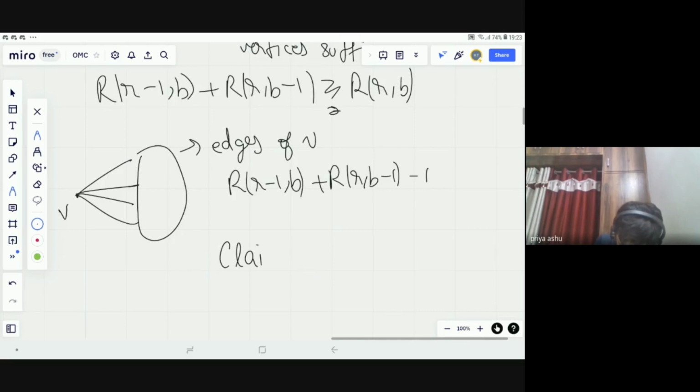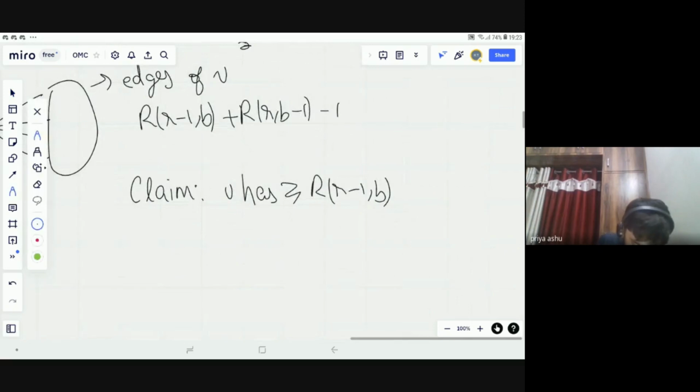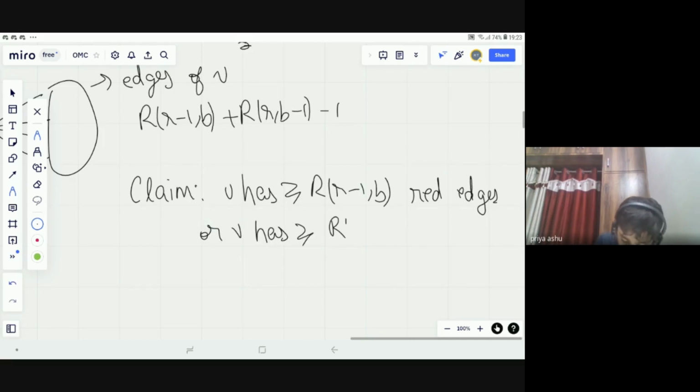And we claim V has at least R(R-1,B) red edges, or V has at least R(R,B-1) blue edges. So we claim that V has at least R(R-1,B) red edges or R(R,B-1) blue edges.